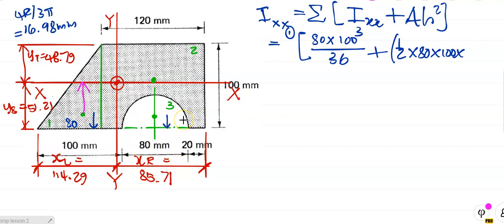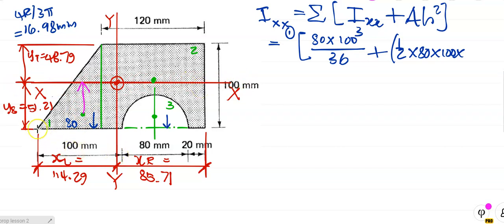I'll say that again. Whenever we work with Ixx, h is the vertical distance between parallel, horizontal XX axes. So h is the distance from the XX axis of the triangle to the XX axis of the whole cross section.